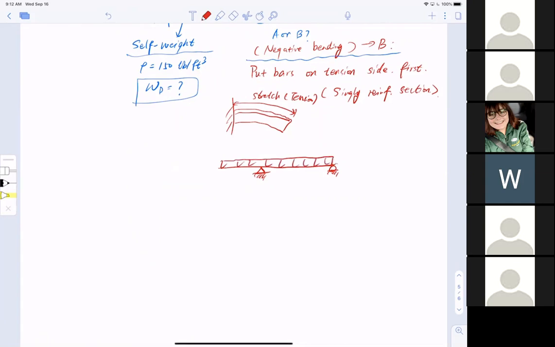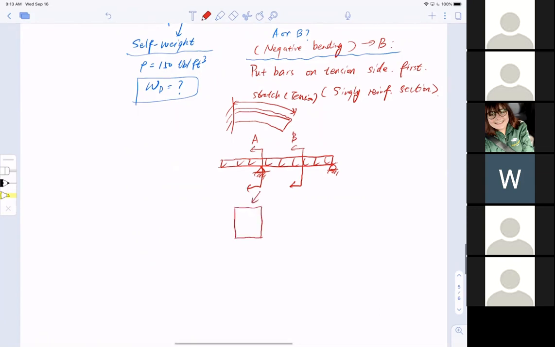Now I need to know which location. So I have two locations. This is location 1, I call A, and this is midspan, location 2, B. Section B. So at this section I'm going to have a cross section, and here I'm going to have another cross section. Now the question is a little bit hard, so pay attention.